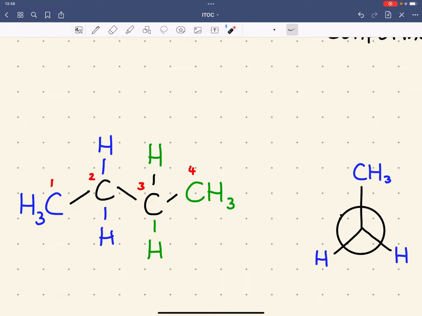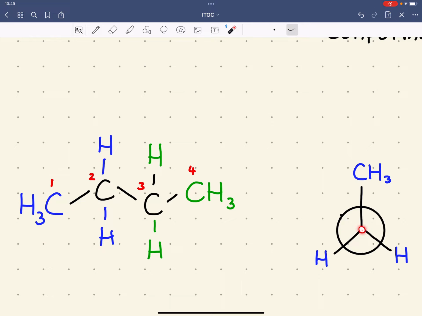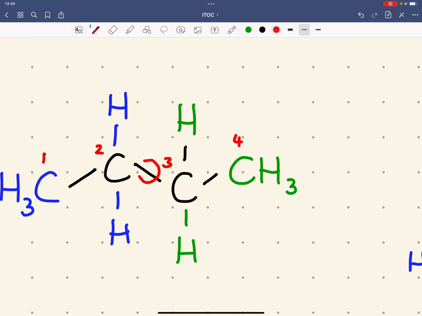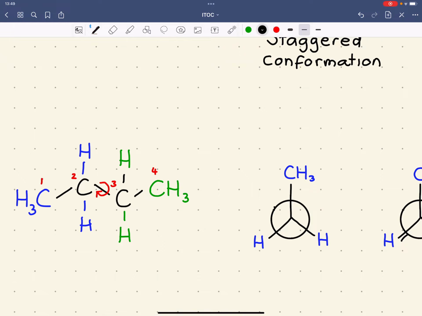And we can see that we've got the blue CH3 and the two blue hydrogens. So this is carbon 2, and directly behind that is carbon 3. And we're looking at the different spatial arrangements due to the rotation of this bond between carbons 2 and 3.